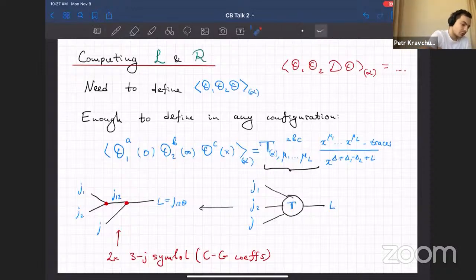And the possible choices for this tensor for a fixed L and fixed J1, J2, O are just given by different choices of J12 that you can put here in the intermediate step. But since here we don't care about what L is, because it doesn't appear on the left-hand side, all possible choices for J12O are also acceptable for us.